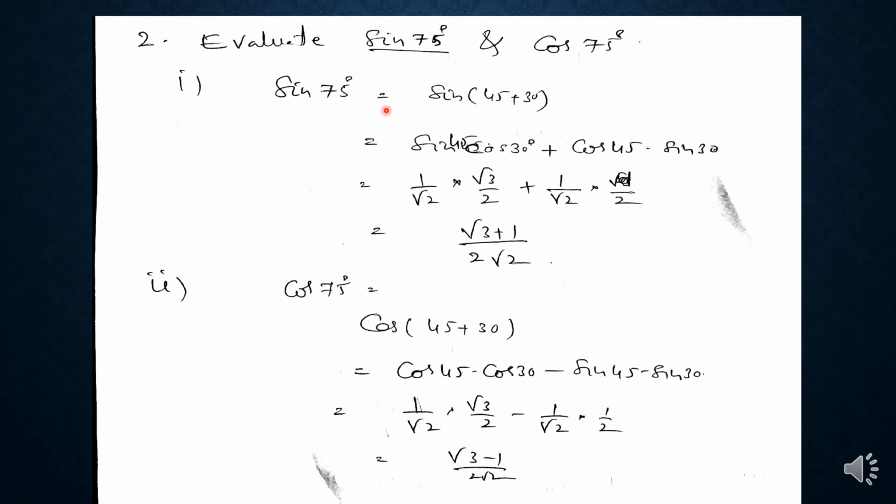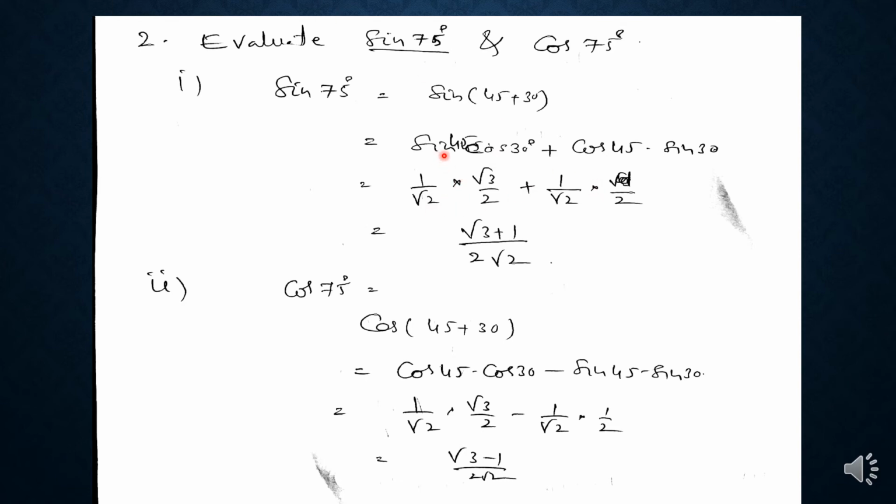Sine 75 degrees is sine of 45 plus 30. It is sine 45 into cos 30 plus cos 45 into sine 30. This is in the form of sine of a plus b, so this is sine 45 into cos 30 plus cos 45 into sine 30.